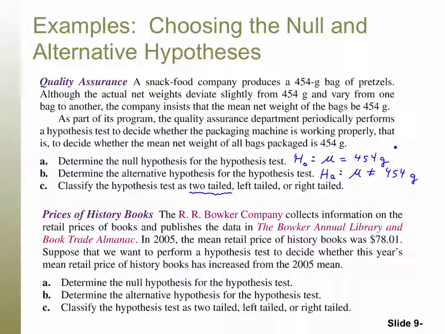Why don't you try A, B, and C for your notes, while I hand out your sheets. This one, the prices of history books, will still be for your notes. You work on that together.